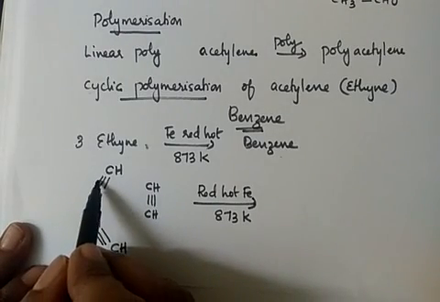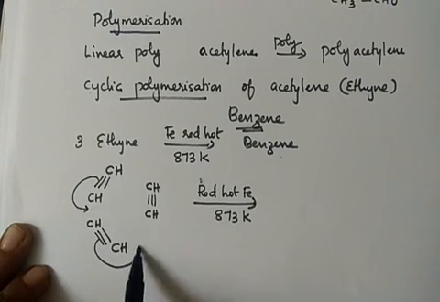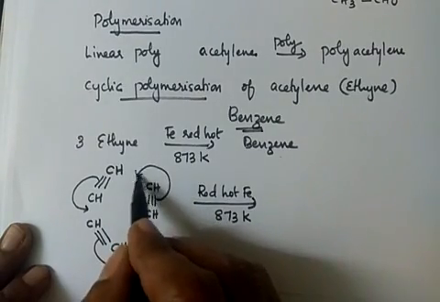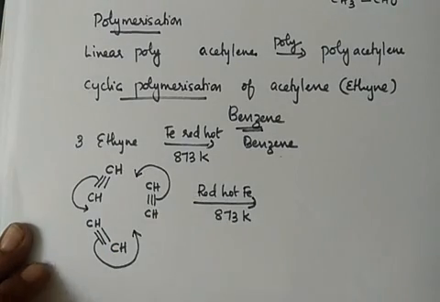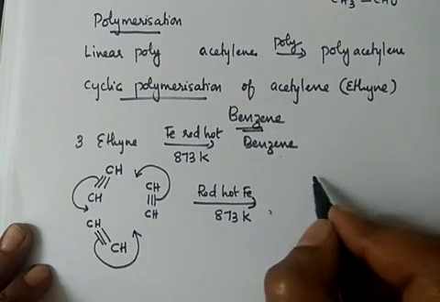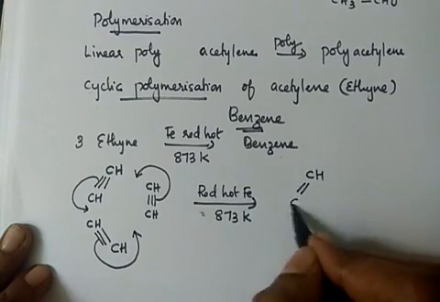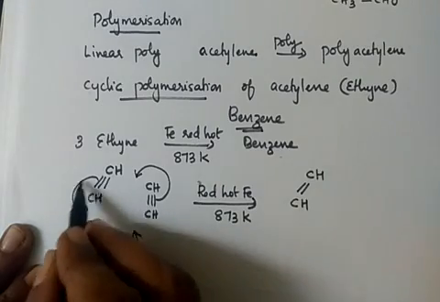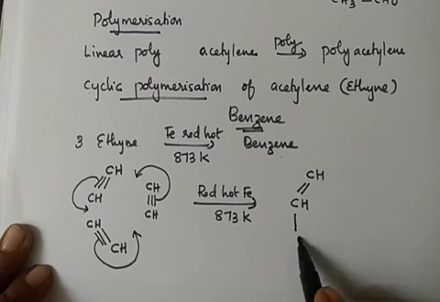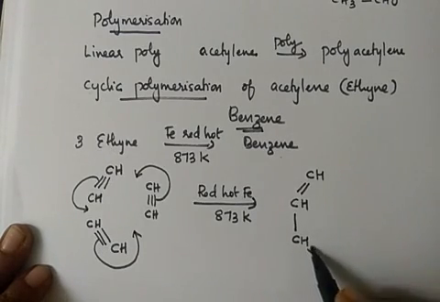So here one of the bonds is shifted here. Here one is shifted in between these two. Here also one is shifted between these two. Cyclic polymerization. So what happens? CH, this becomes a double bond. So here CH double bond CH. And here, as the bond is shifted, a single bond is formed. Then this CH, here becomes a double bond.